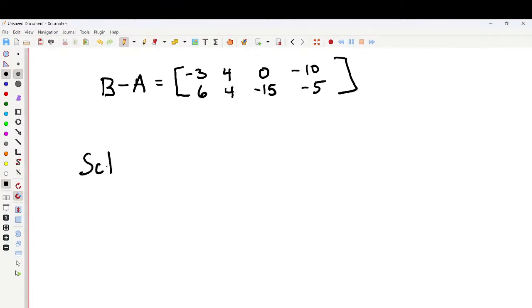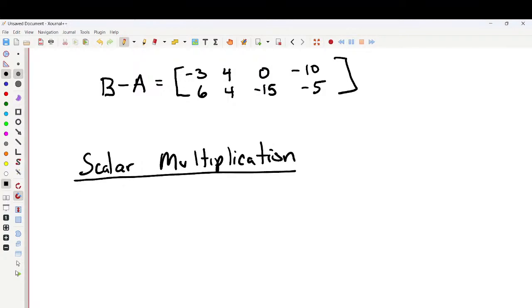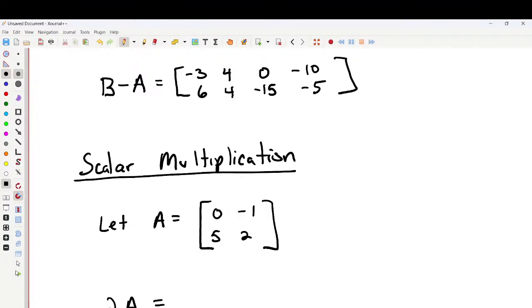Scalar multiplication, I did show that briefly. But to kind of just put it nice and clean. This was motivated in the opener.